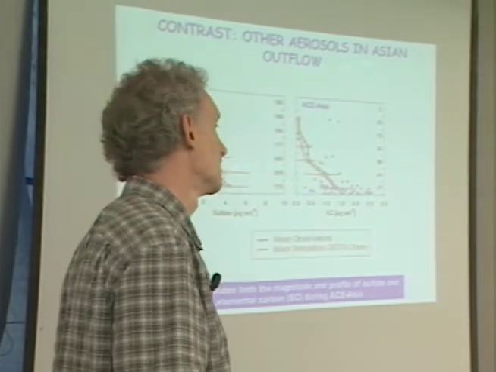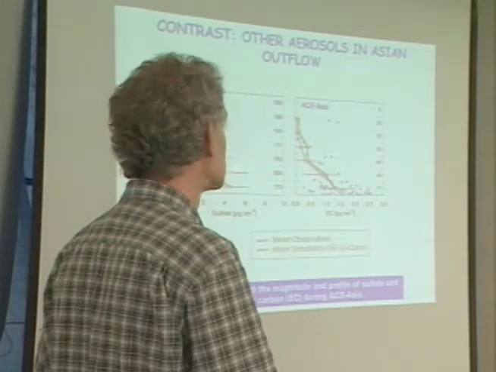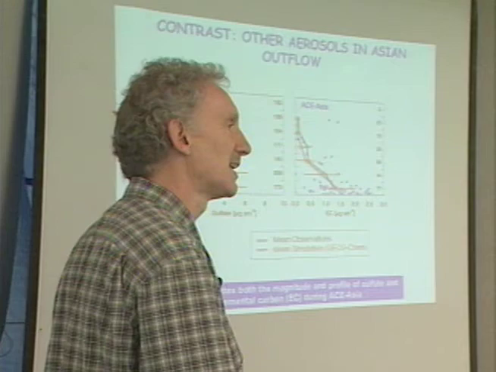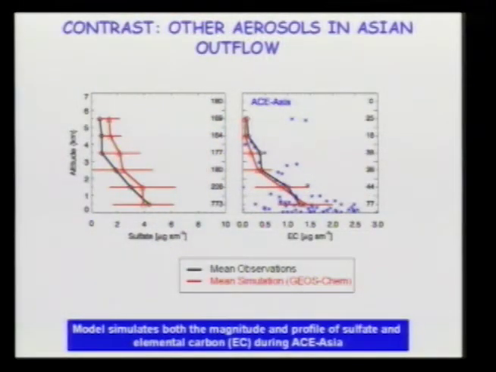And the first thing that I want to point out is that it is not the case for many other aerosols that we can't quantify or simulate in a reasonable fashion what goes on in the atmosphere in these particular model areas.